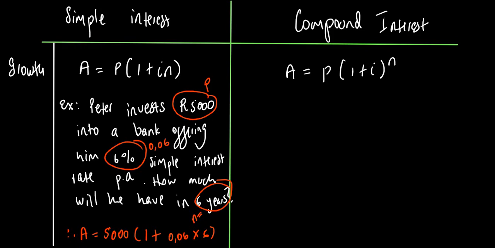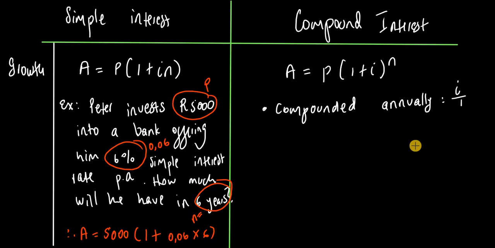And then next, this one has to deal with compound interest. Now for compound interest, when you're dealing with growth, meaning the amount of money you have after a certain time, and it's increasing, it can be compounded a number of times in a year. So if it is compounded annually, we divide our interest by 1, okay?